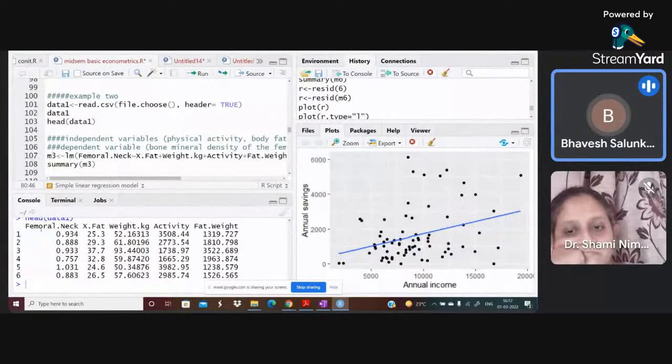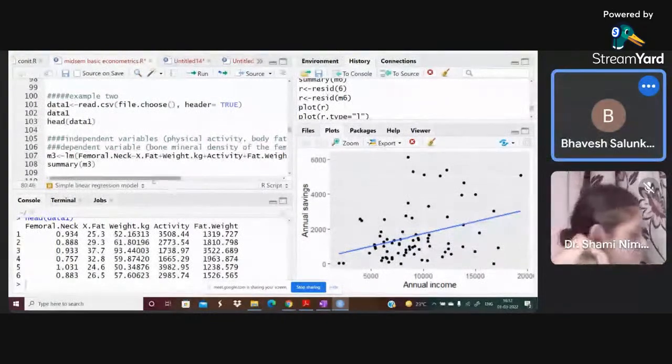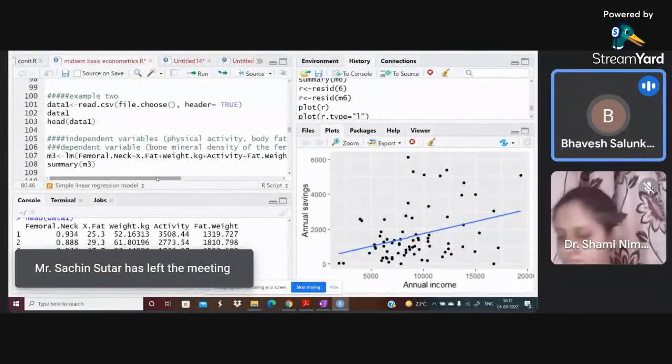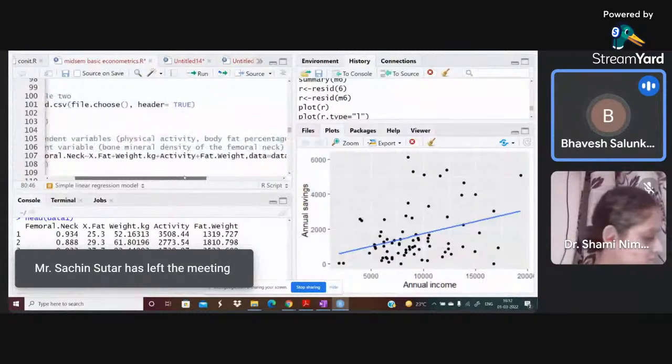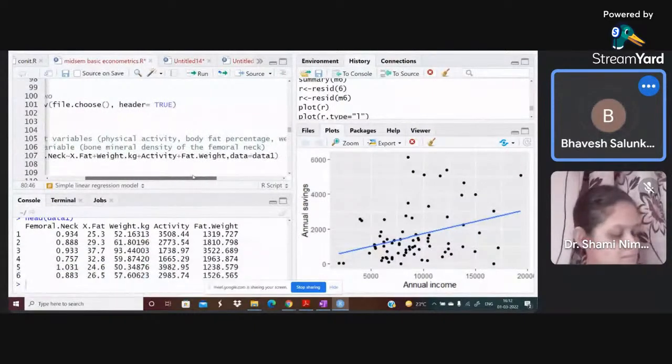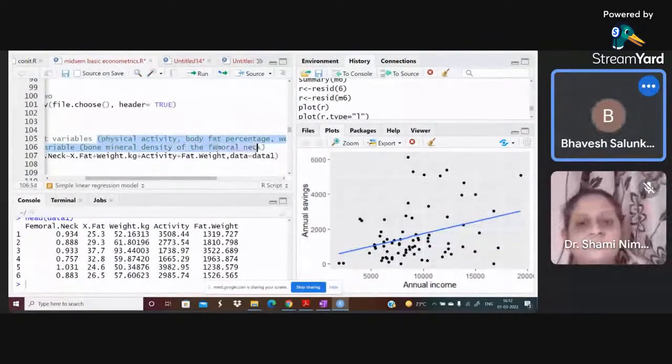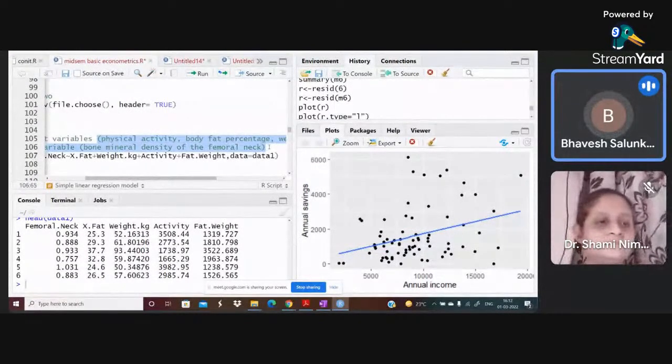So it is femoral.neck. Now, what is femoral.neck? It is nothing but the bone mineral density of the femoral neck. I have described this data over here. If you open that script, you will understand.